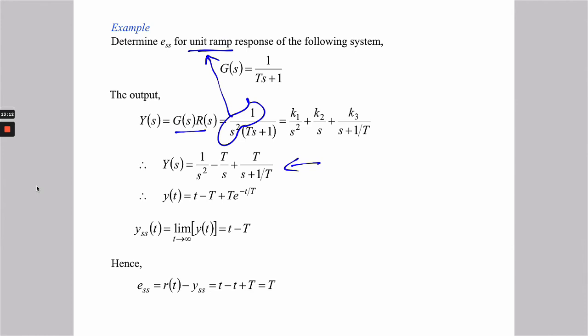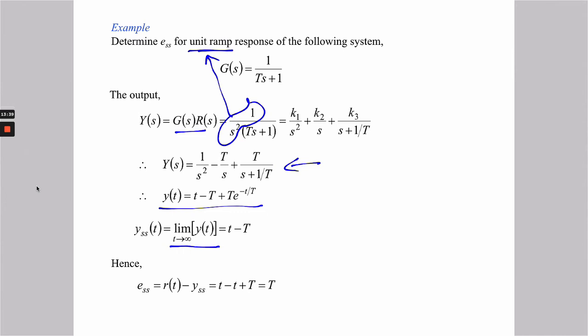We apply inverse Laplace to this equation. What we have is y(t) equals t minus capital T plus capital T exponential negative t over capital T. So we can find the final value or steady state value of the system by applying the limit t approaching infinity to this output y(t).